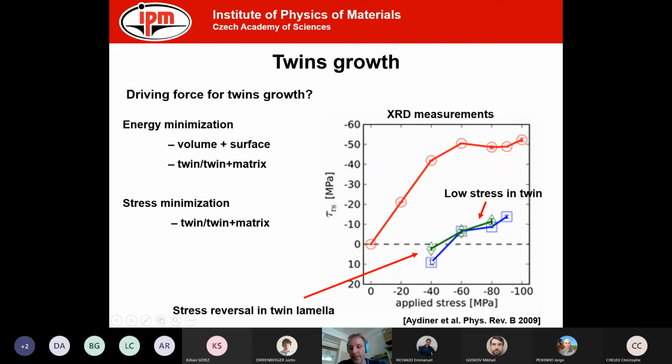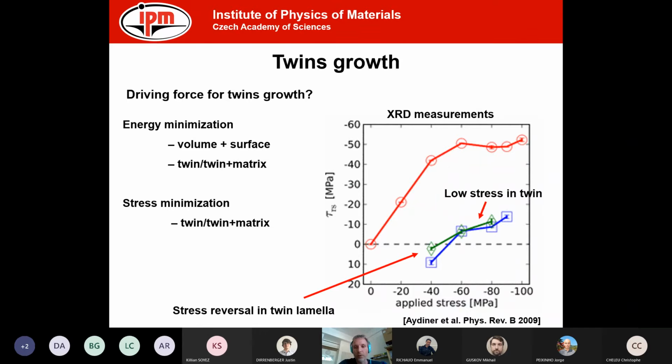And what happens inside the twin is that when the twins are created, they are usually in the form of thin lamella, and you can see that there is a stress reversal inside the twin. And when the twin starts to grow, the stress increases, but remains quite low compared to the one in the remaining parent grain.